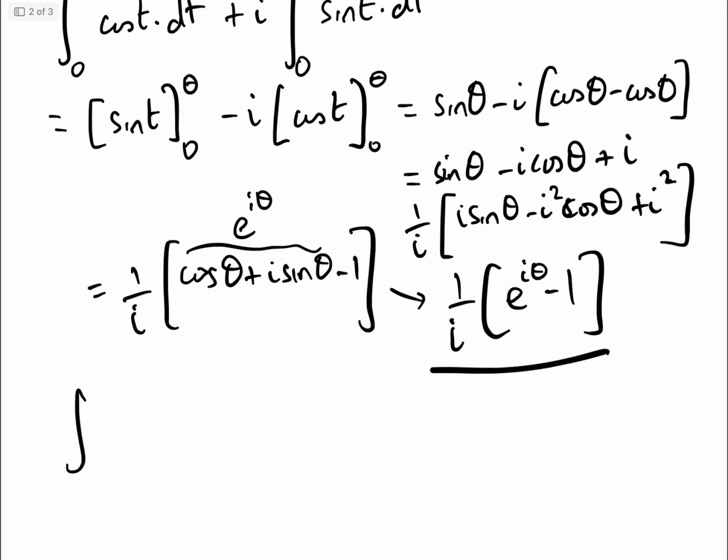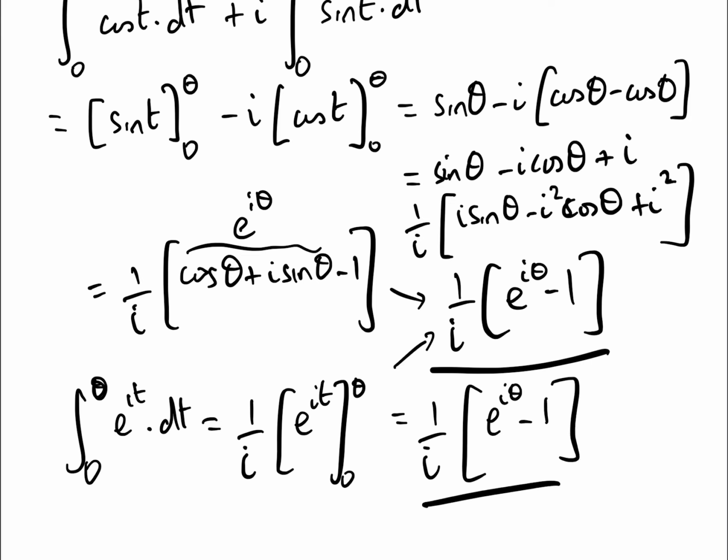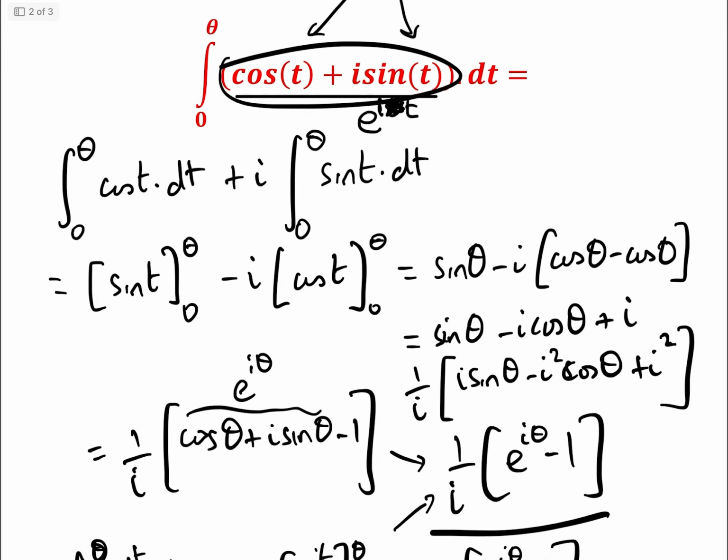So we could integrate between 0 and theta of e to the i t dt, which equals, again this is quite similar to one we've just done, 1 over i e to the i t between 0 and theta, which again is quicker to get to this point here, e to the i theta minus 1. So it's obviously the same answer, but that is a second method, just noting that we could rewrite that in its polar form. That's question 4.